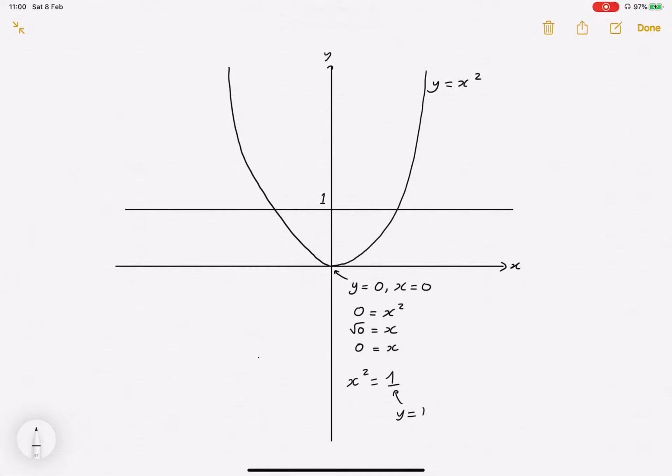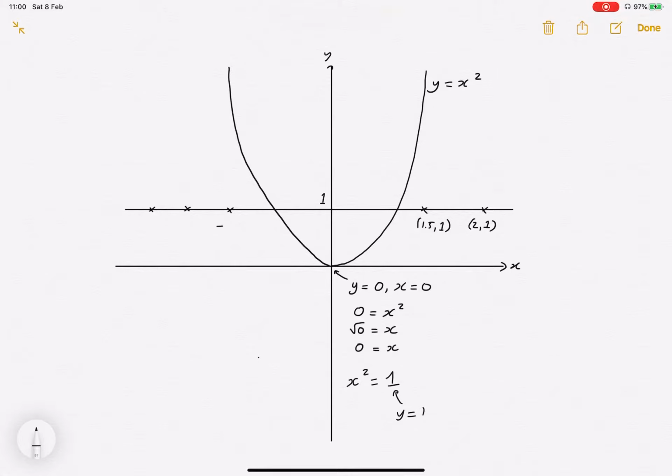Anywhere on this line that I've just drawn, it doesn't matter what the x coordinate is, 1.5, 1, the y coordinate is always going to be 1.